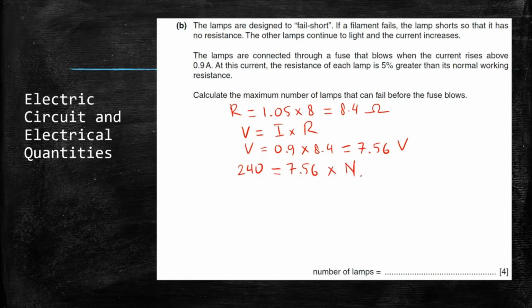So, the number of lamps which can be lit equals 240 divided by 7.56, which equals 31.7. Round this off into 32 lamps.